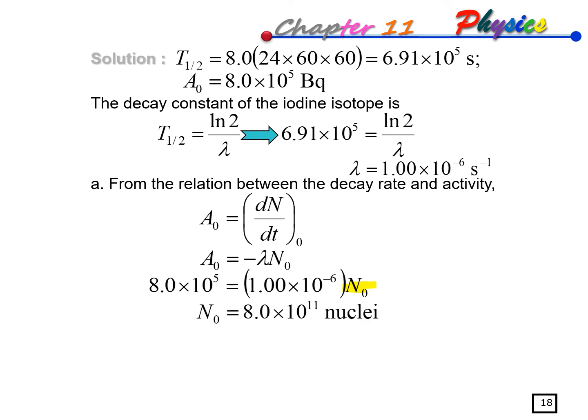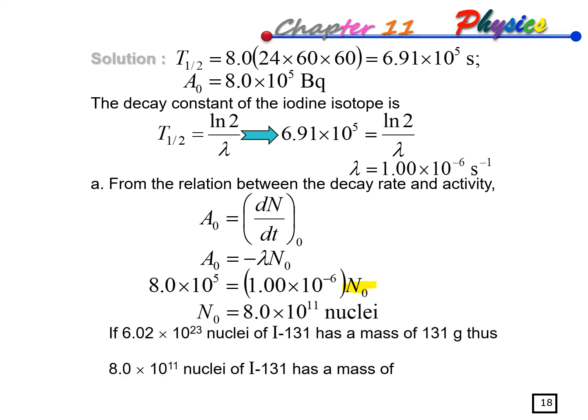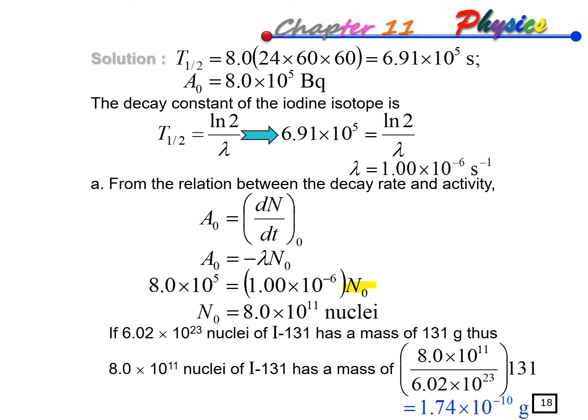So we end up with this number of nuclei. Once you have the amount of nuclei, use the ratio of the Avogadro constant with the molar mass to find the amount of mass required, which ends up as 1.74 times 10 to the power of negative 10 gram.